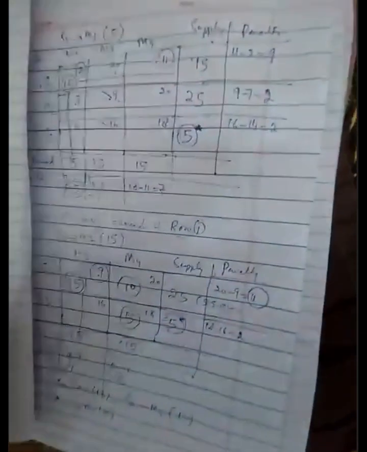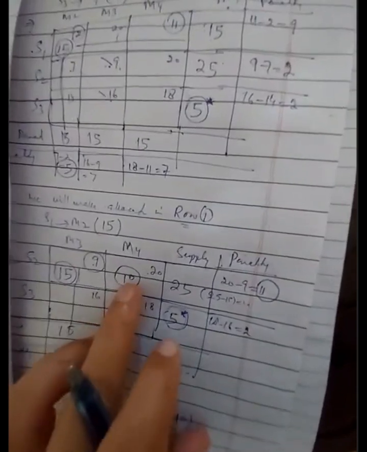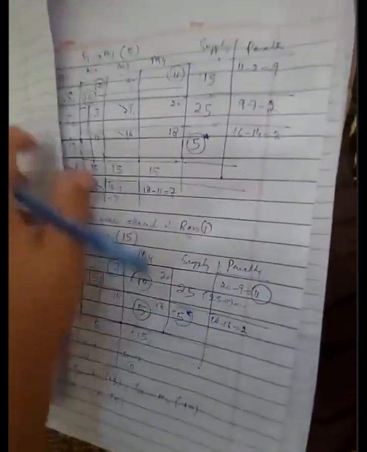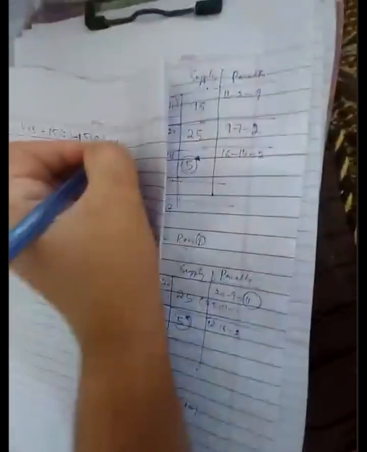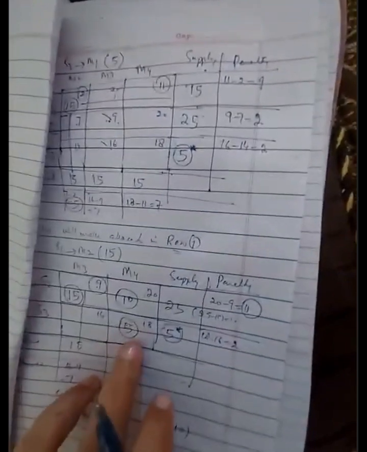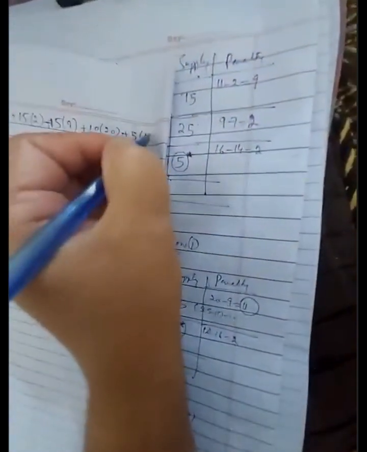plus the next allocation that we made is 10 from S2 to M4, and the cost is 20. So we will have 10 into 20 plus the other allocation we made, 5 into 18.